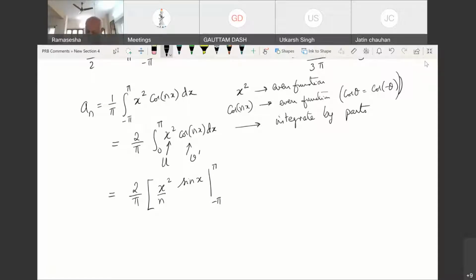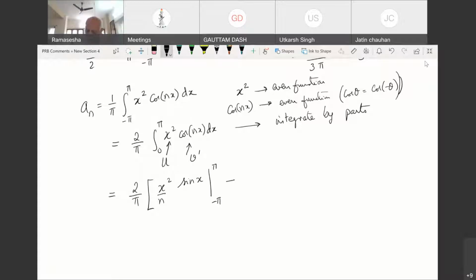And then I have minus of 2 upon n, because when I differentiate x squared I get 2x, and I have already integrated cosine, which gives me 1 upon n sin nx.